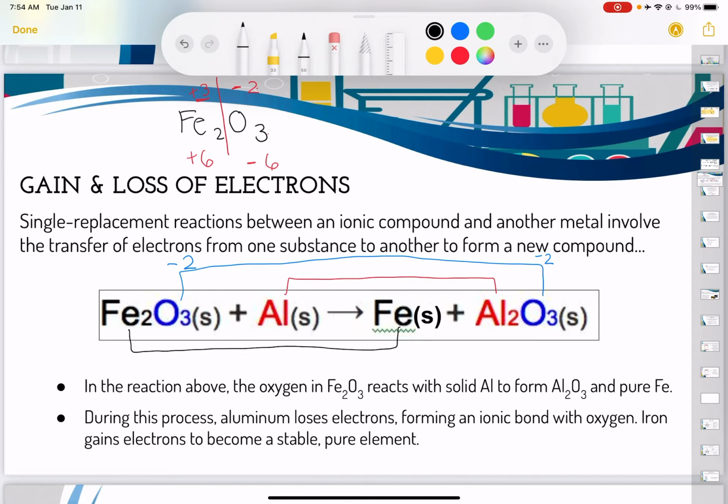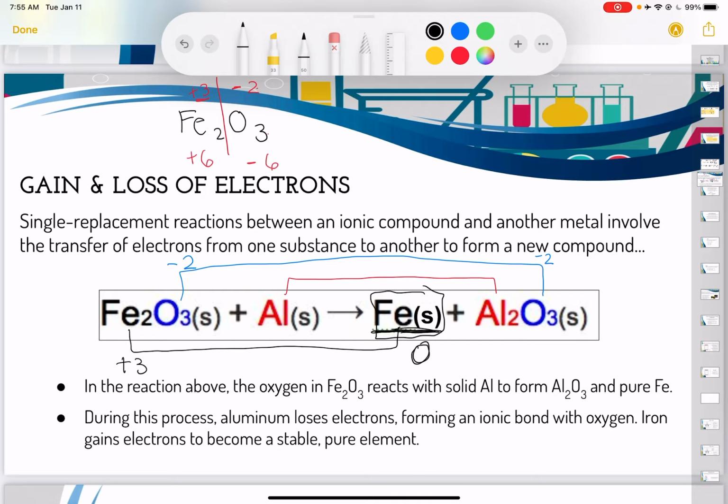So if iron is a +3, we need to figure out what it is on the right-hand side. And this is information for you guys to know: the charge of a solid element by itself is no charge, okay? So it's just a solid piece of iron, it has no charge. Whenever you see a metal by itself, it doesn't have a charge, so it's going to be 0, okay?